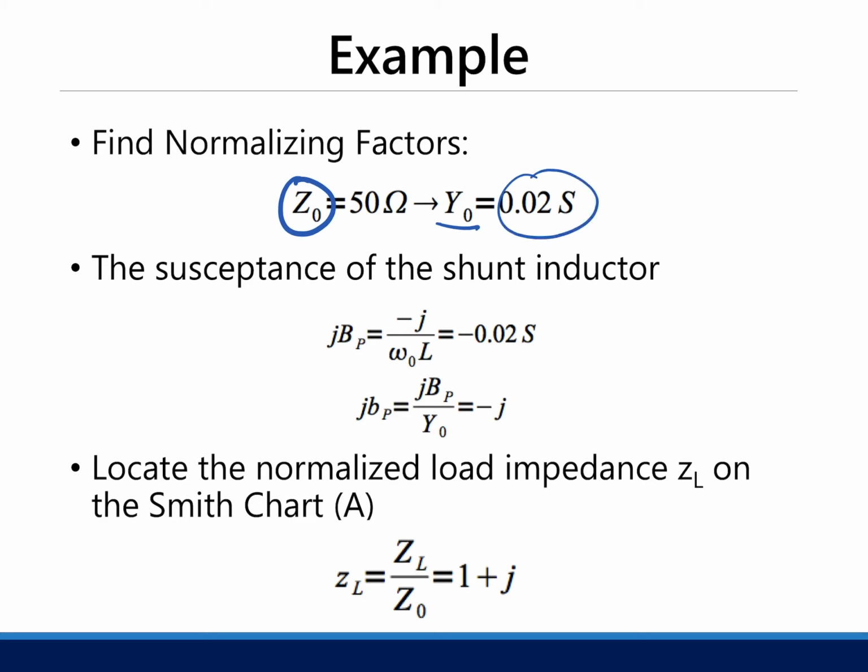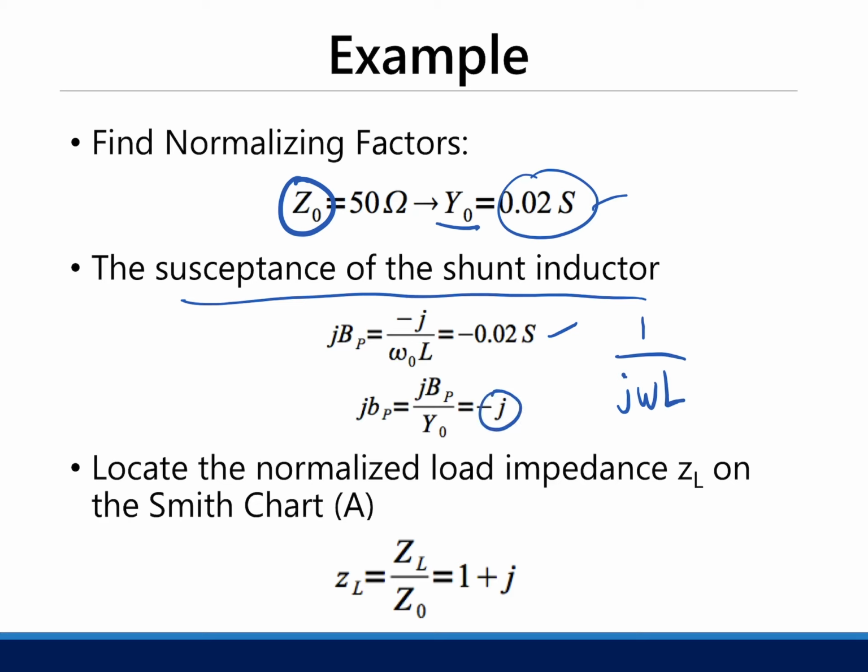So you get this one. From there, you get the susceptance of the shunt inductor. The susceptance is equal to negative j over omega L, basically 1 over j omega L. Okay, and you get this. Divide that by the normalized admittance, you get this.